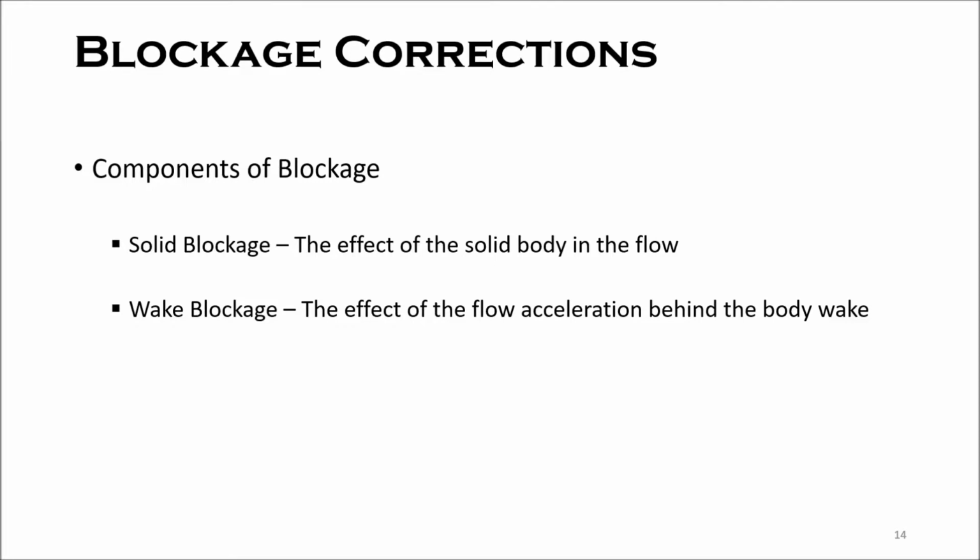It is a function of the cross-sectional area of the model, or the model frontal area to the airflow, and the uncorrected drag coefficient. The total blockage effect is obtained by adding solid blockage and wake blockage corrections. Using this, the dynamic pressure is also corrected, which is used to non-dimensionalize the uncorrected drag coefficient.